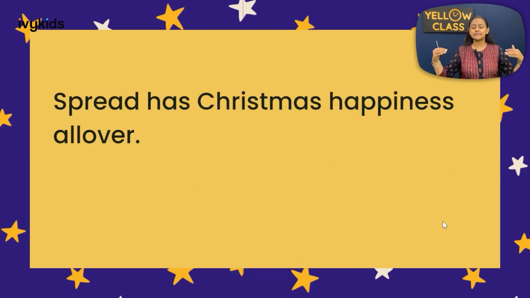Spread has Christmas happiness all over. What is the naming part? Can the word spread be a naming part? No. Spread cannot be a naming part. So there is no perfect naming part in this sentence. Words are not in the correct order, which makes it a wrong sentence.